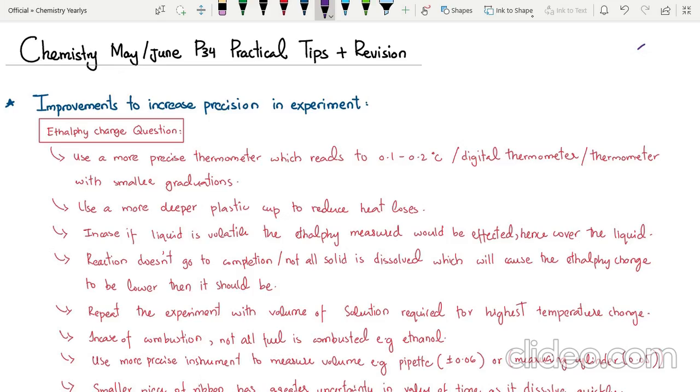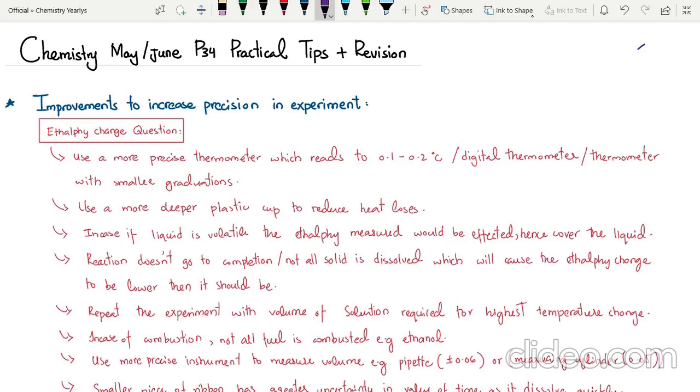So this can also be an improvement: you can repeat the experiment with the volume of solution required for the highest temperature change. In case of the combustion question, as I said with ethanol, not all the fuel is combusted. So this is also a limitation that is associated with it.